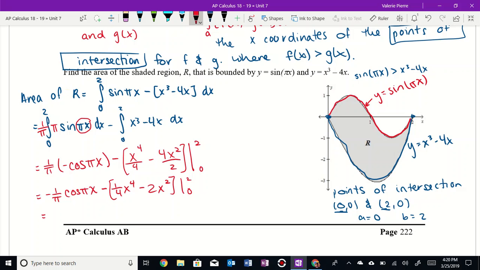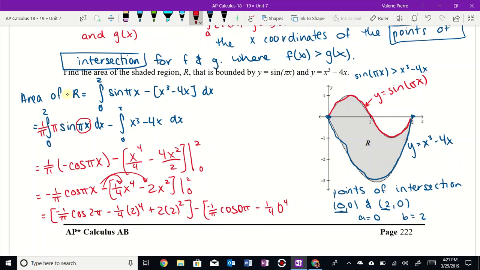All right, so when I plug in all the values, I'll get negative 1 over pi cosine 2 pi minus, and I'm going to distribute this minus sign, minus (1/4 times 2 to the 4th minus 2 times 2 squared), minus negative 1 over pi cosine 0 pi minus (1/4 times 0 to the 4th minus 2 times 0 squared).